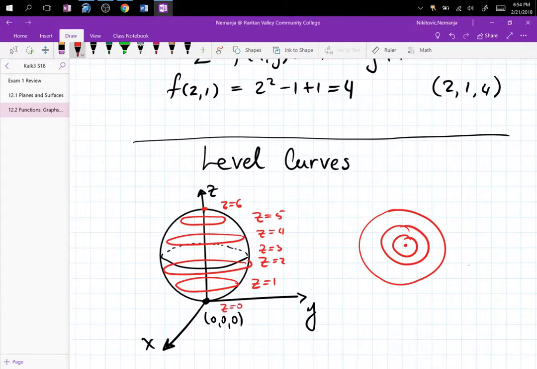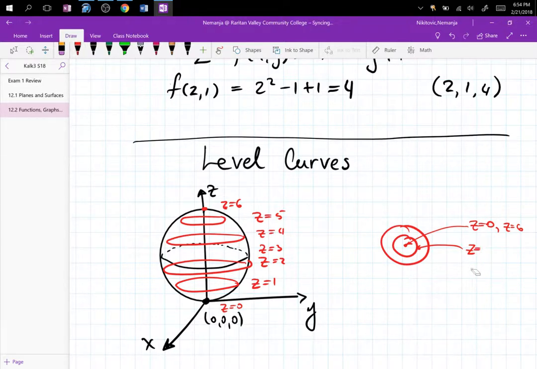Then the first ring over here is z equals 1 and z equals 5.